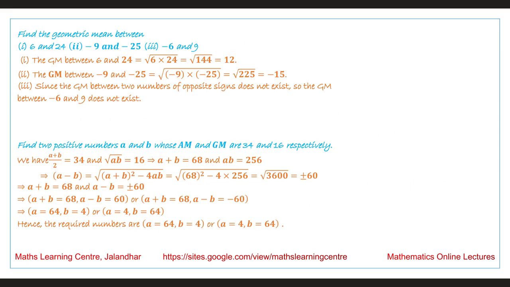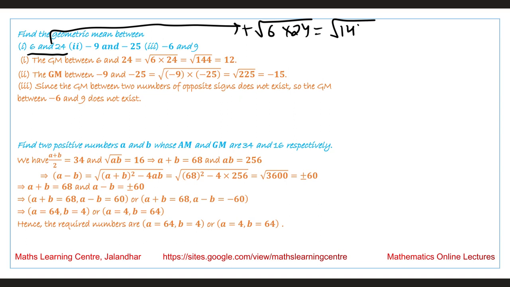So here are some problems based upon this. First is, find the geometric mean between 6 and 24. It is square root of 6 into 24, and the sign here will be positive. It is square root of 144, that is equal to 12. Next is minus 9 and minus 25. Both these numbers are negative, so we have minus of square root of minus 9 into minus 25.